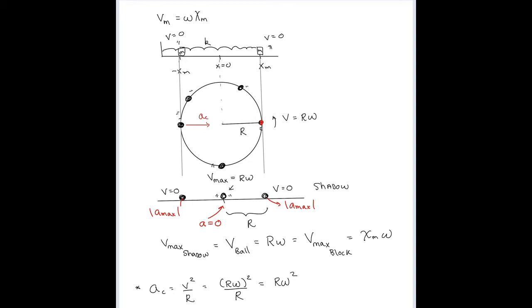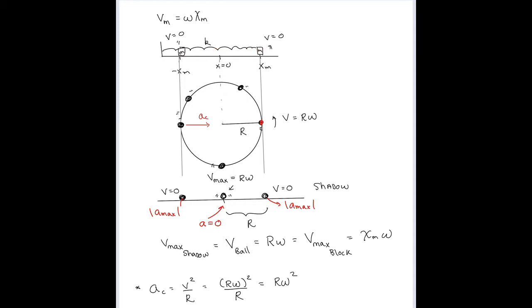Maybe I have a light up here shining on the ball, and the shadow is down here on the floor. The shadow's going back and forth as the ball goes around. So if I look at the shadow, the shadow is in simple harmonic motion, just like the block on a spring.